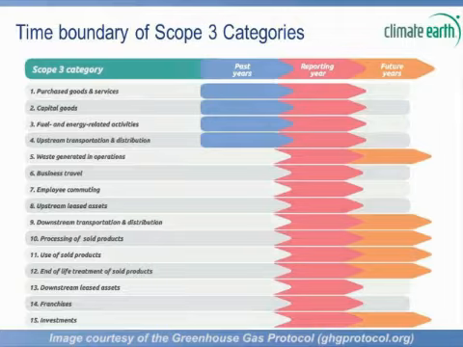What you will notice, looking at this slide, is a reporting year indicated in red. You'll see past year emissions associated with the creation of products indicated in blue, and also future years indicated in orange. Now, the idea here is that the full life cycle of a product or service happens over many years.